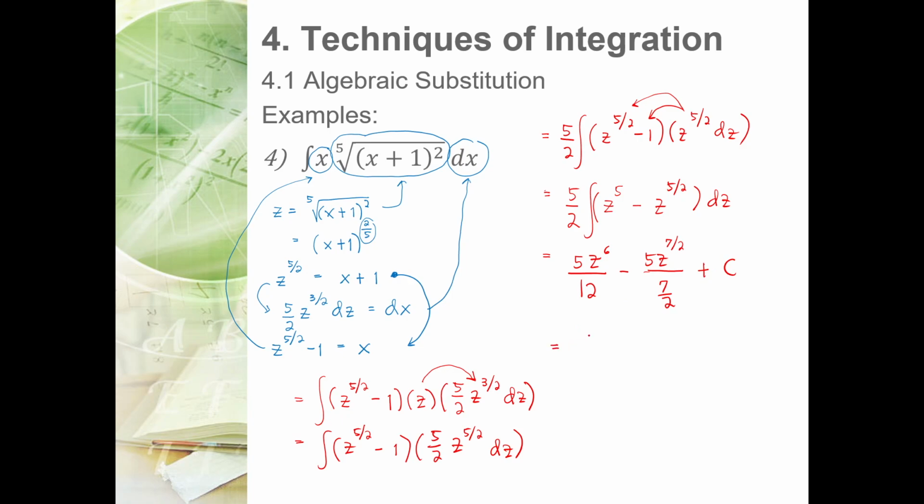So simplifying it, this becomes 5z to the power of 6 over 12, minus 10z to the 7 halves all over 7, plus c. So I think the tricky part here is replacing your z parameter.